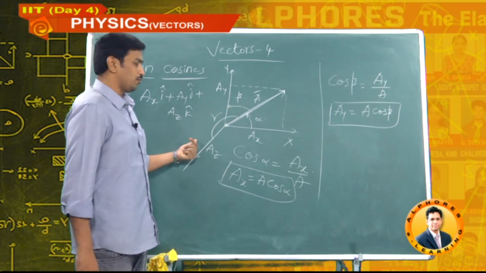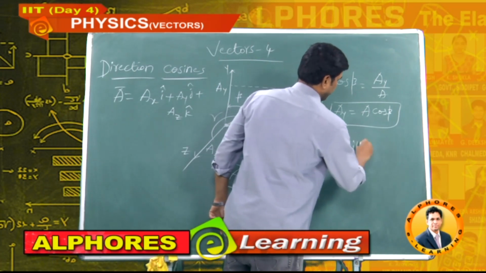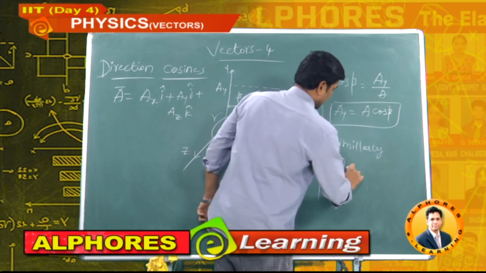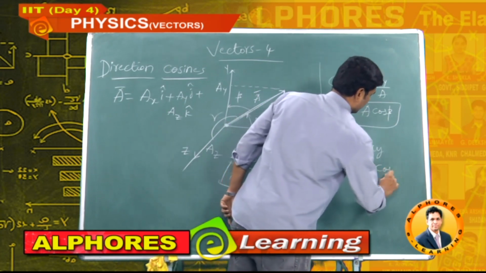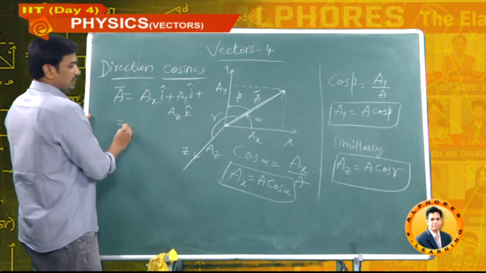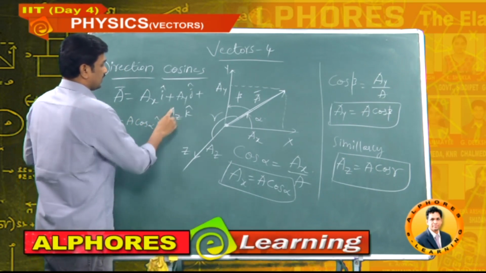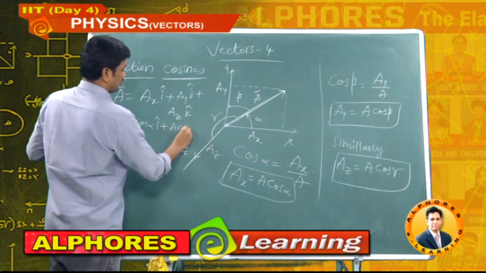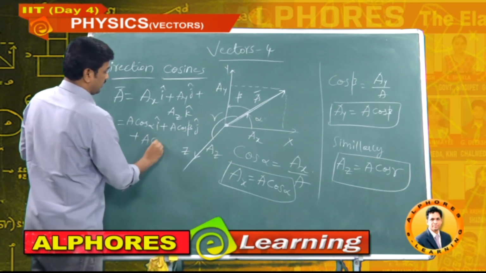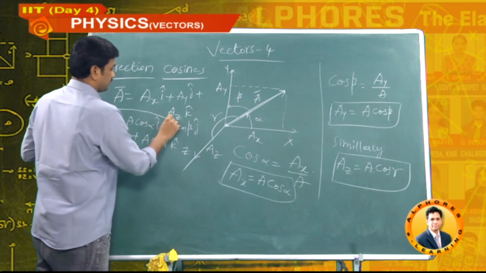Similarly, the z component is a cos gamma. After writing two values, we can write the third one directly. Az is equal to a cos gamma. Now I will write here the ax value a cos alpha, ay value a cos beta, az value a cos gamma. This is a bar.